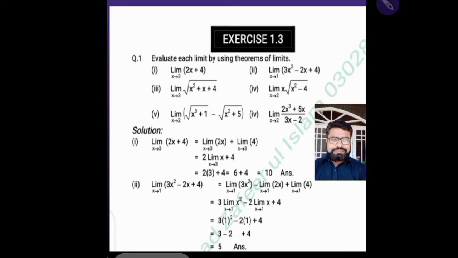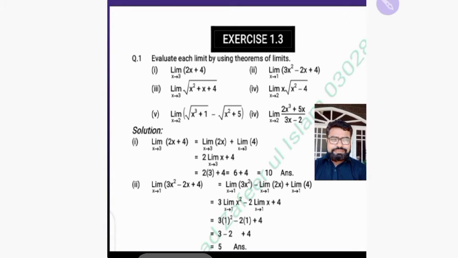It says evaluate each limit by using theorems of limits. We have to follow the theorems of limits. I will tell you in the solution.